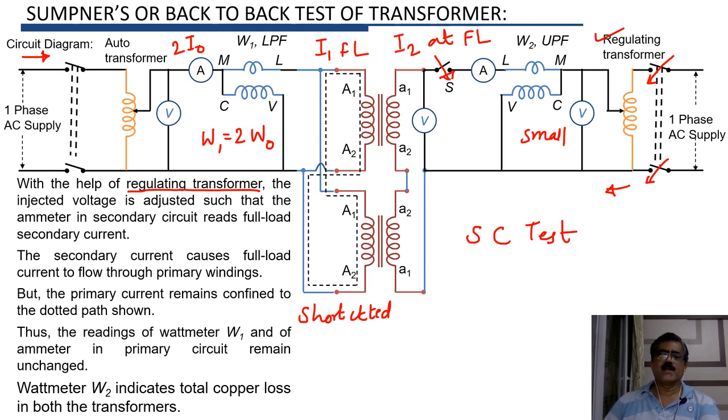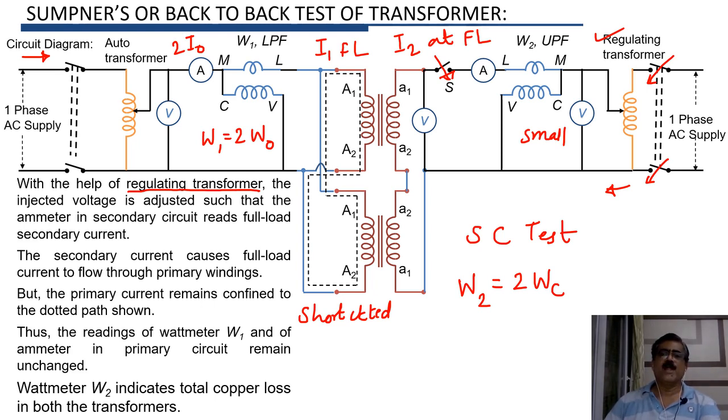Means if the current through primary and secondary is full load current, then W2 will be equal to 2 times Wc, where Wc is the copper loss in one transformer at full load or at rated load, whereas 2 times Wc is the copper loss in transformer 1 plus transformer 2, because the two transformers are identical.